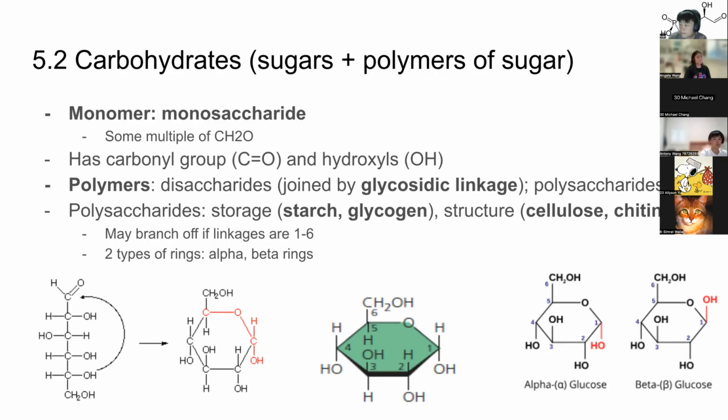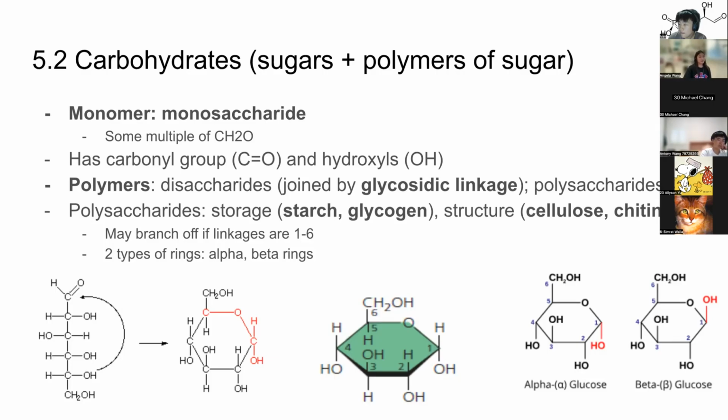polysaccharide structure. Similarly, there are two types of rings. The alpha ring has the OH groups in the same orientation, and the beta ring has OHs in opposite directions. These two structures are interconvertible, meaning they're interchangeable; they exist in basically the same ratios.